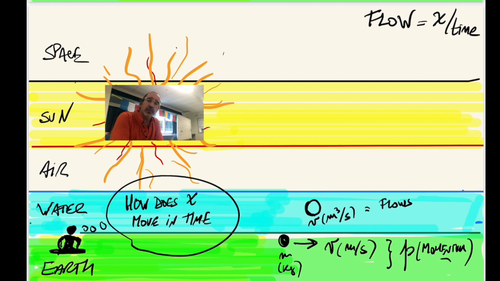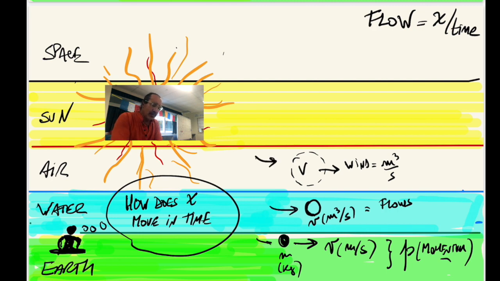So the flow of water in a tap, the flow of air, a certain volume of air moving in time creates a flow of air, or a wind, right? Wind, which could be measured in cubic meters per second, the air that is moving in time.